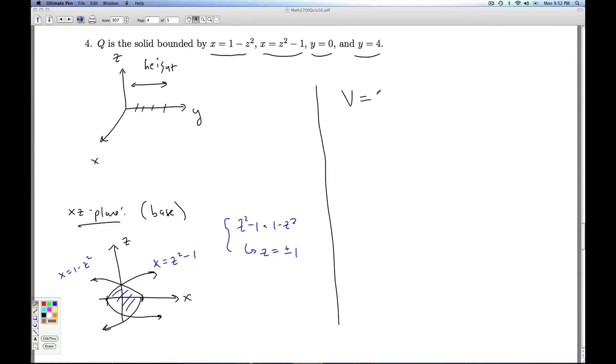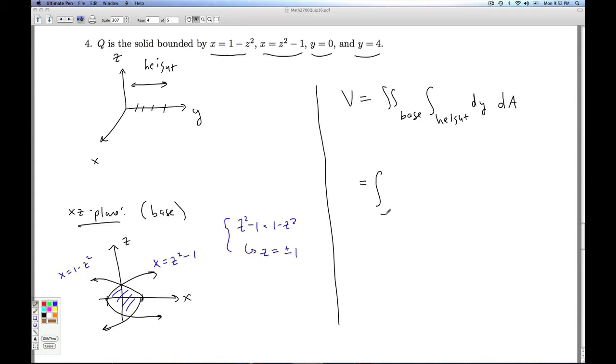So as always, the volume equals the integral over the base times the integral of the height. The height in this case is the y. And the base is going to be something in the xz plane. So the order of integration that probably makes the most sense is chopping up the z-axis and then going from this x to that x.